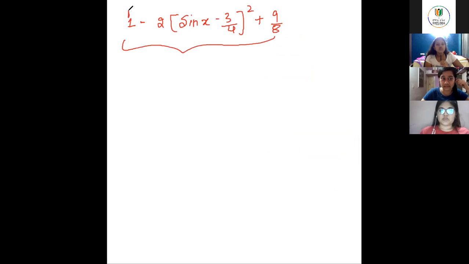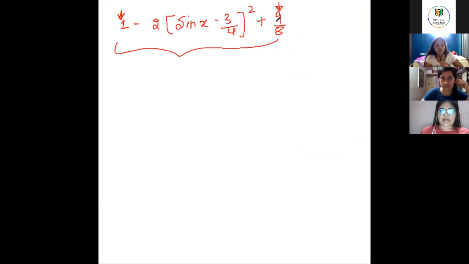This value 1 and this value 9 by 8 is positive, correct? These being added up will make the maximum value. But what is not letting this to be maximum? This value, correct? So any value of sin x that you put here will decrease the function, not increase the function.